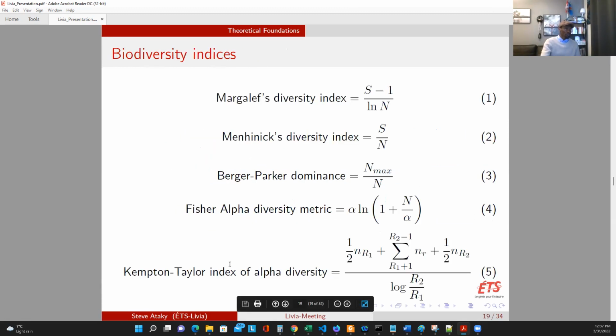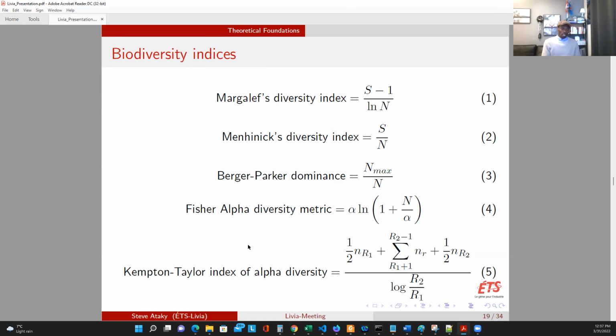Now we have here different biodiversity indices that we have used. Here are some examples from the first part of our research, but we have another nine or ten that are not presented here.